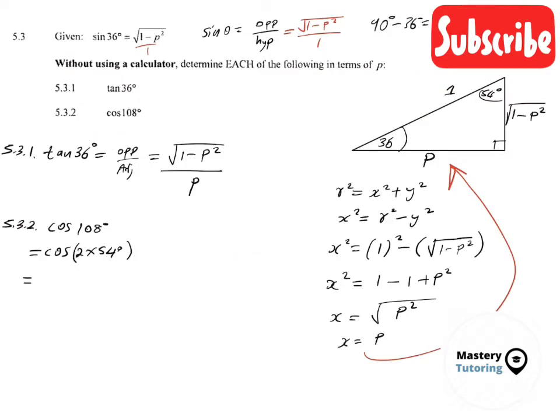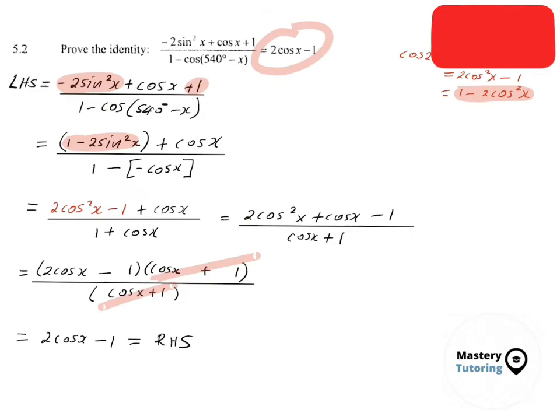You can take this 54 as x, so this can be taken as cos 2x, and we spoke about double identities here. Cos 2x can be written as 1 minus 2 cos squared x.